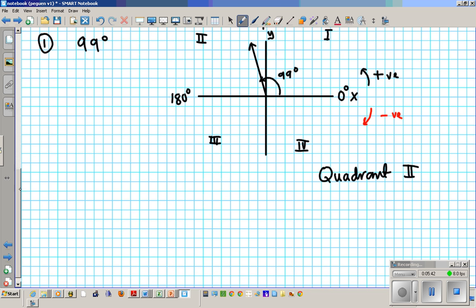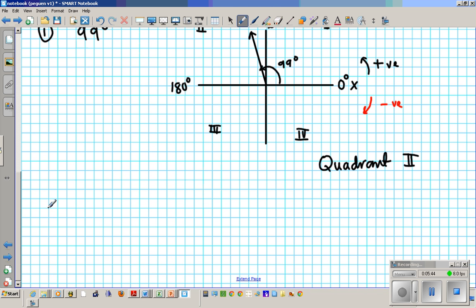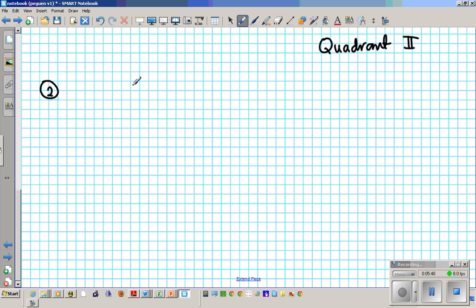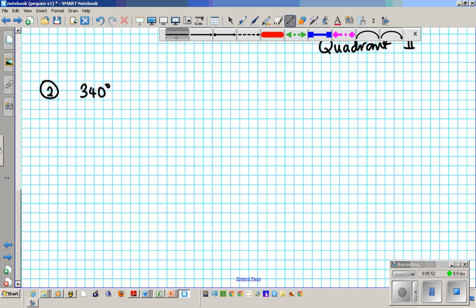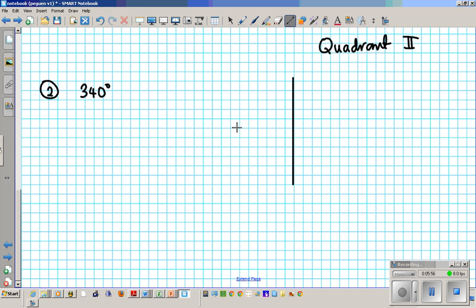Alright, let's try another example. Number 2. Let's look at 340 degrees. Alright, so make a coordinate system. Starting from 0 degrees, are we going to go up or down? Since this is positive, we're going to go up, right? Remember, going up is positive.